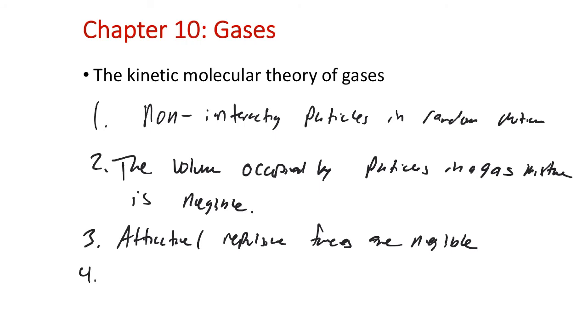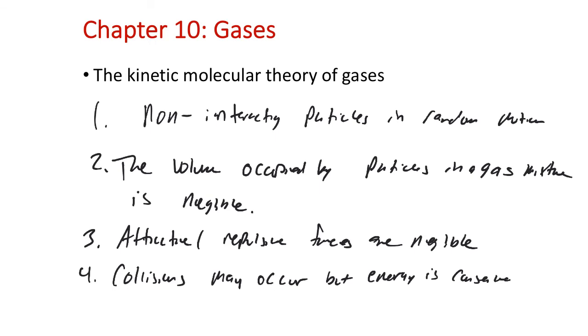So collisions can occur, but energy is conserved. A fast particle might strike a slow particle, but then the slow particle moves faster, and the faster particle reduces its speed at the same time.